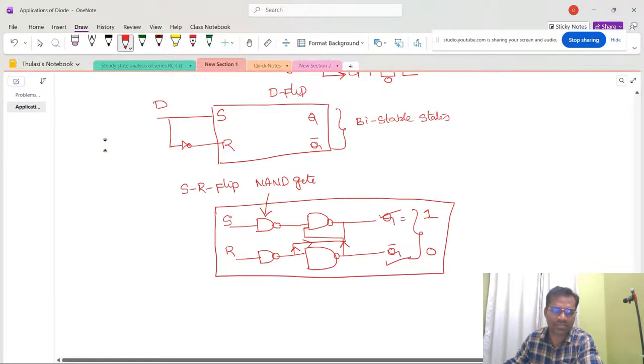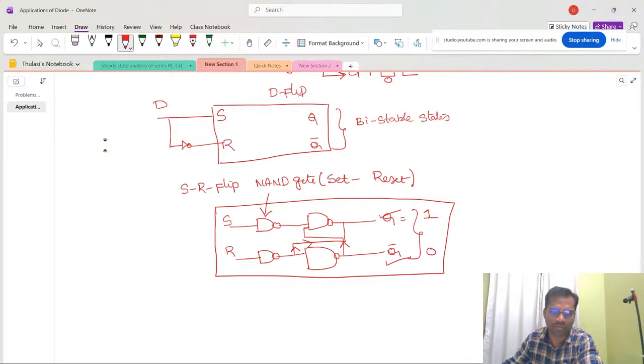This is called an SR flip-flop, meaning set reset flip-flop. Set means one, reset means make it 0. This is a one bit memory storage device, and you have the output as Q and another output as Q dash.